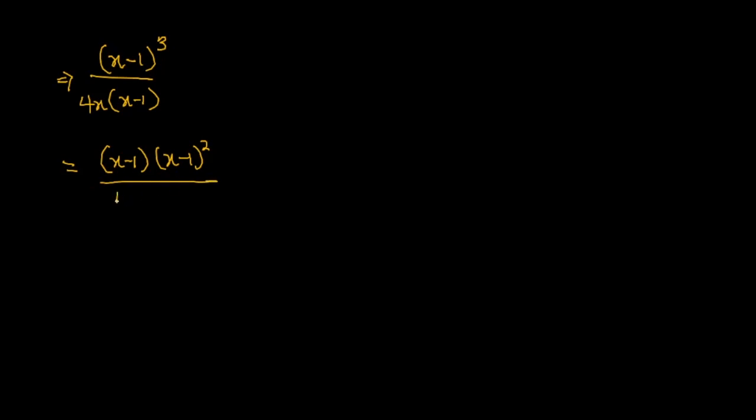Then I can now divide it by 4x into bracket x minus 1. Now I have a common term at the numerator and a common term at the denominator that can cancel each other out. So this will cancel this, and I'm left with x minus 1 squared on 4x as my final answer.